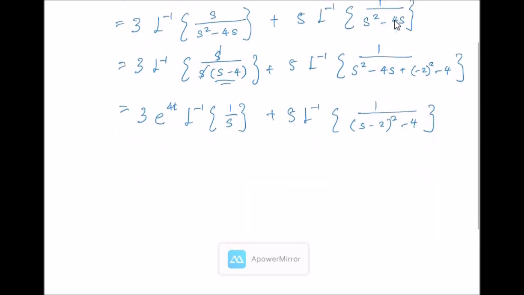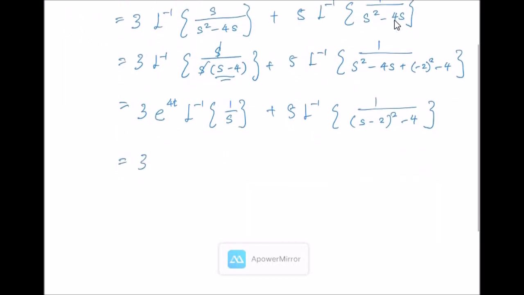And then next is 3 exponent 4t. And this part 1 over s, if you refer to the Laplace transform table, you will get 1. And then plus with 5 exponent 2t inverse Laplace, and then you get 1 over s squared minus 2 squared.